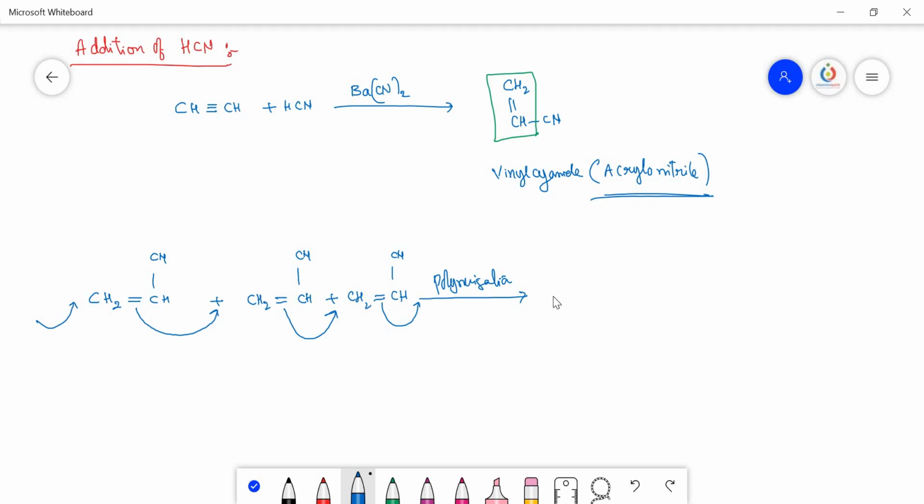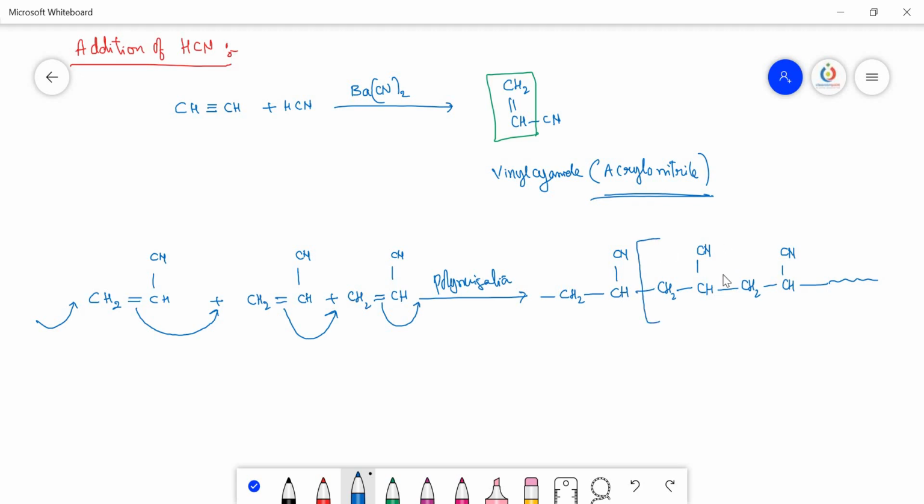So you can write the molecule like this, with a hyphen, because the bond is coming from the other molecule, and CH2 single bond CH, where cyanide is there, connected to CH2 single bond CH, cyanide, connected to CH2 single bond CH, cyanide, like this. It will continue. The process will continue to take place like this. So in this particular process, what did you observe?